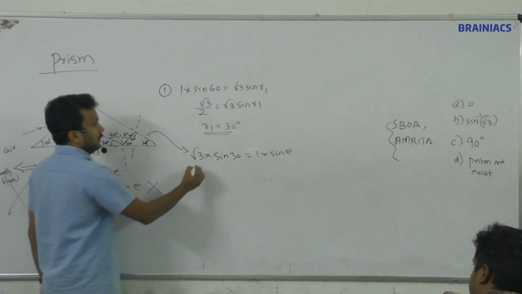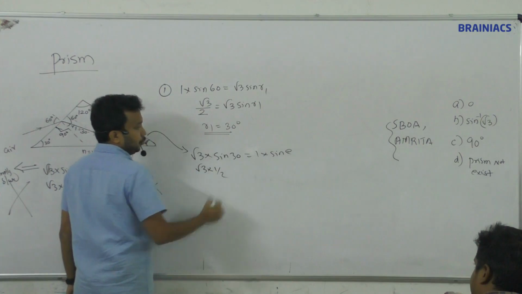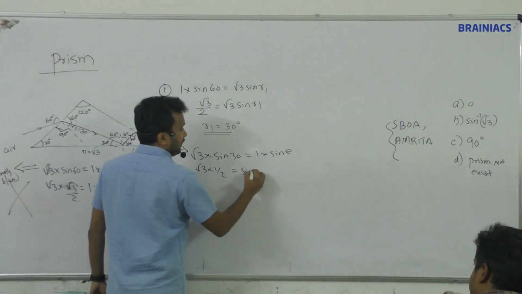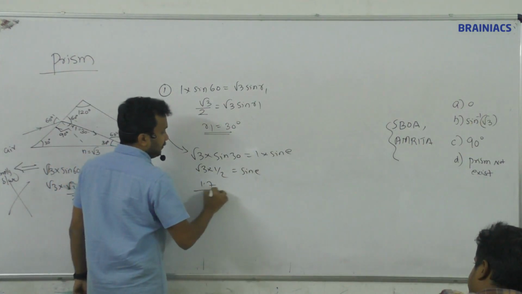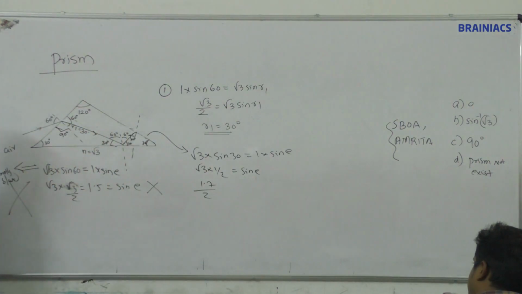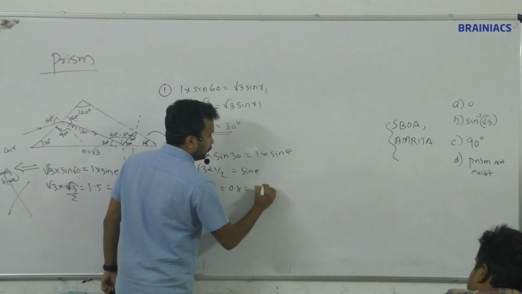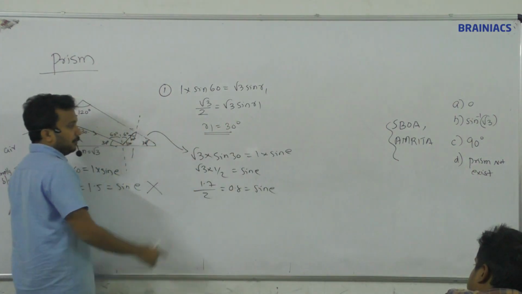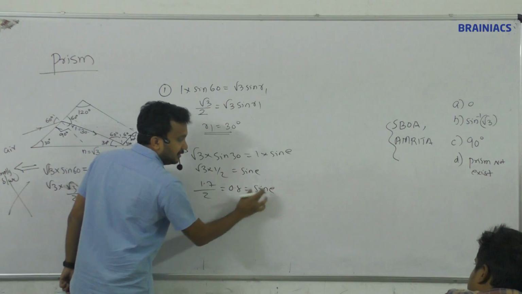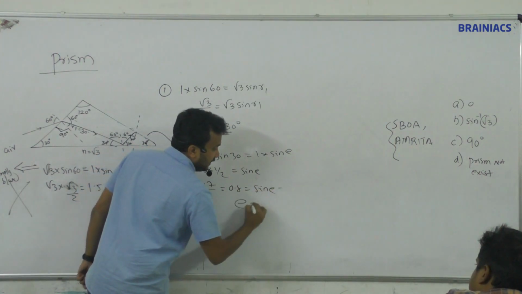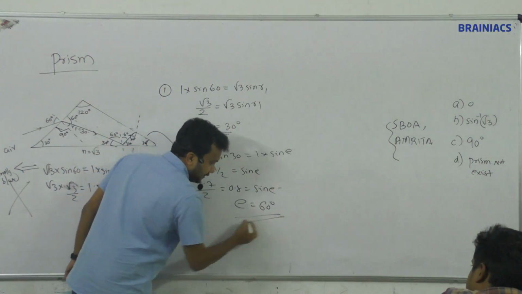Root 3 by 2 is equal to sine E, which means 1.7 by 2, which is possible. 1.7 by 2 means 0.886, so E equals 60 degrees. Answer is 60 degrees.